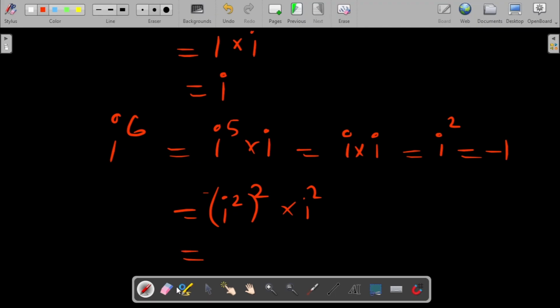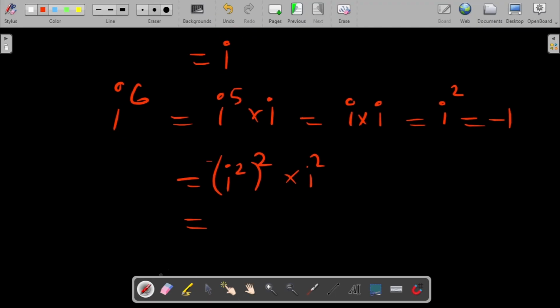So this equals what? 1 multiplied with minus 1, and it gives minus 1. So i to the power 6 is minus 1.